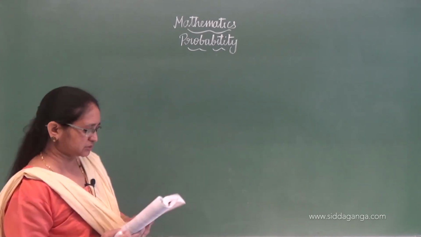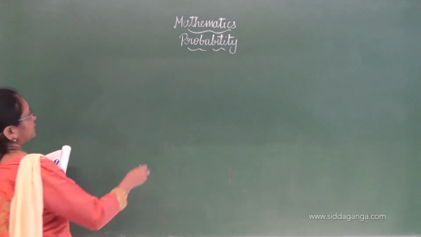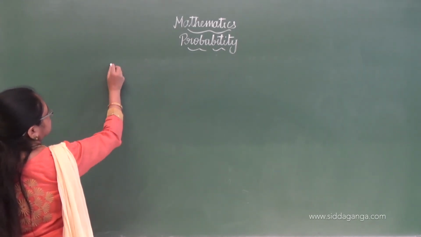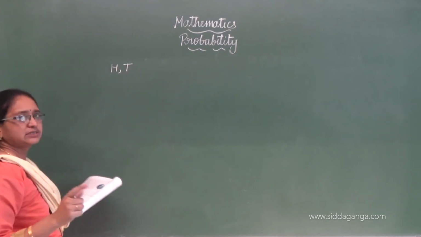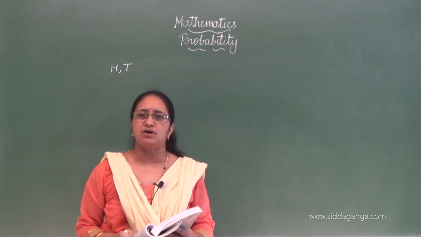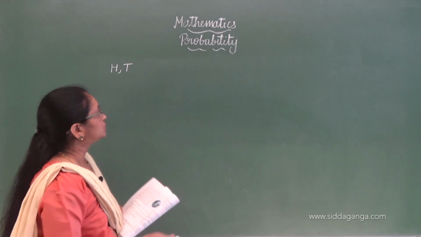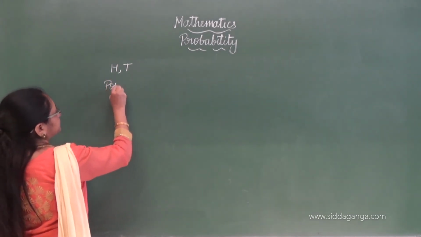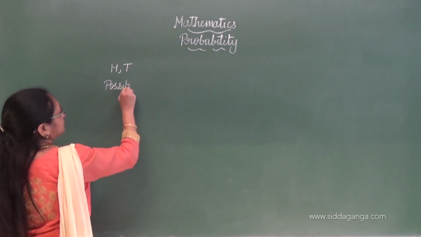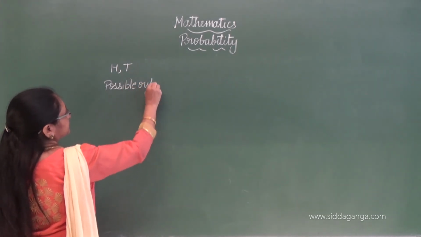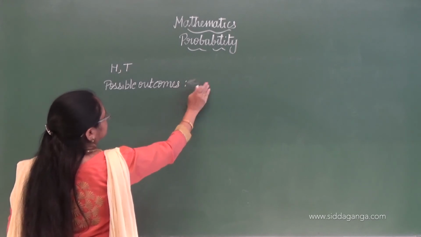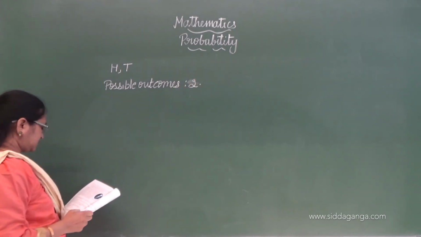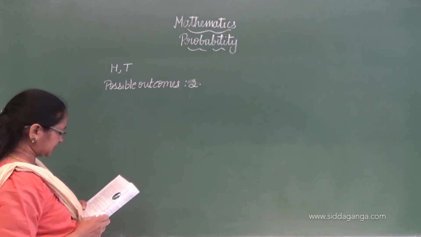You all know, when the coin is tossed, definitely you will get a head or a tail. One coin is tossed, so you will get head or a tail. So total possible outcomes are 2, correct?